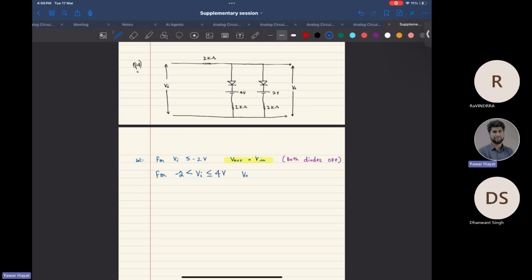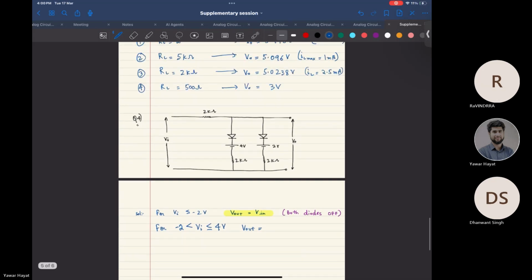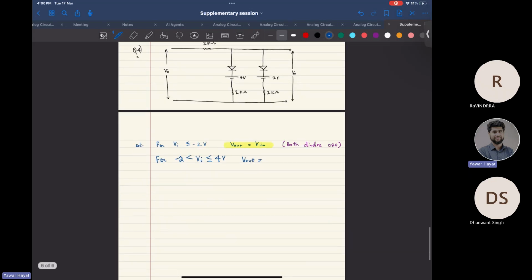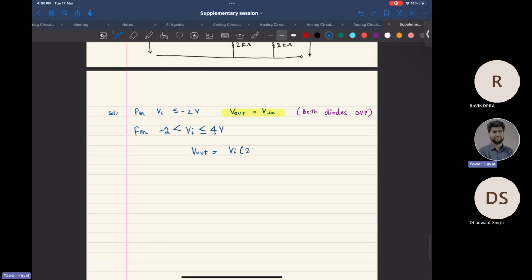For this one, my V output would simply be Vi times 2K by 4K minus 2 volts times 2K by 4K, which is half of Vi minus 2.